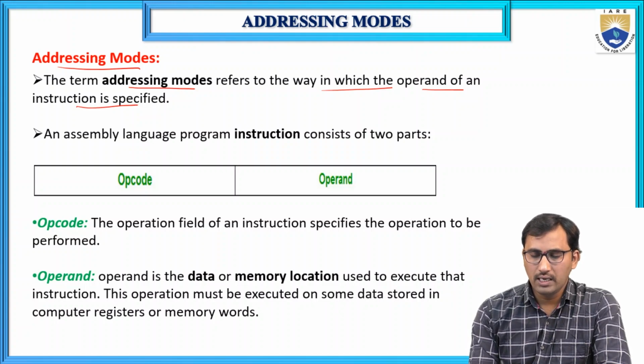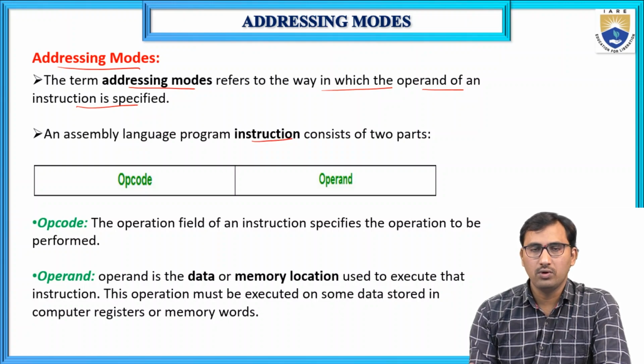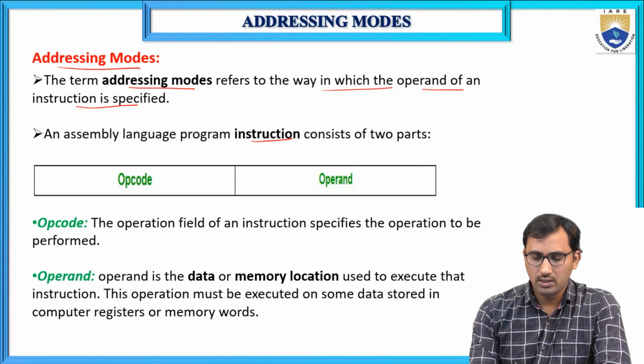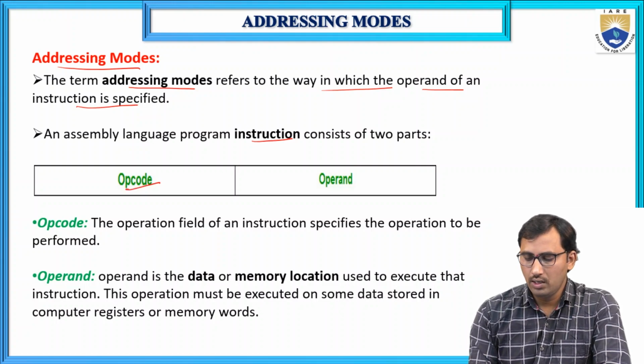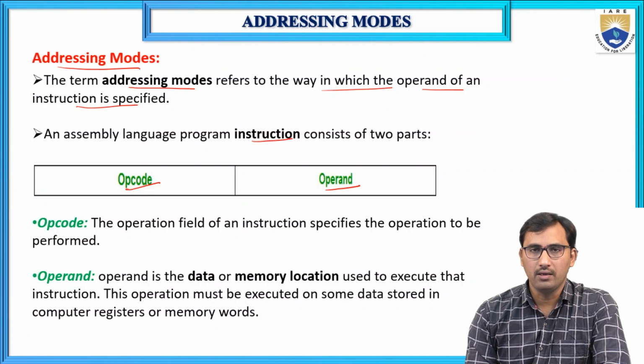The assembly language program instruction consists of two parts. Every instruction mainly consists of two parts. The first one is the opcode and the second one is the operand. The opcode is the operational code which specifies what type of operation has to be performed.